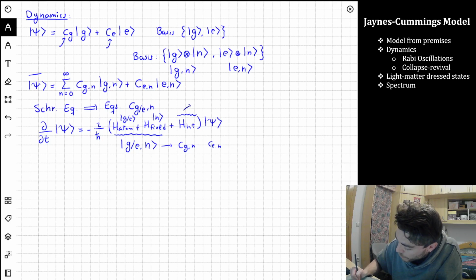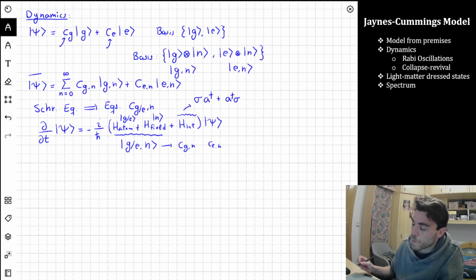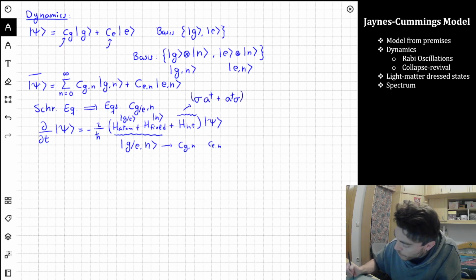But this Hamiltonian in particular has the specific form sigma a dagger plus a dagger sigma that we saw before. But this means that when we apply this to these eigenstates, the only coupling that is possible is one in which you create a photon and then you destroy an excitation, or the opposite.